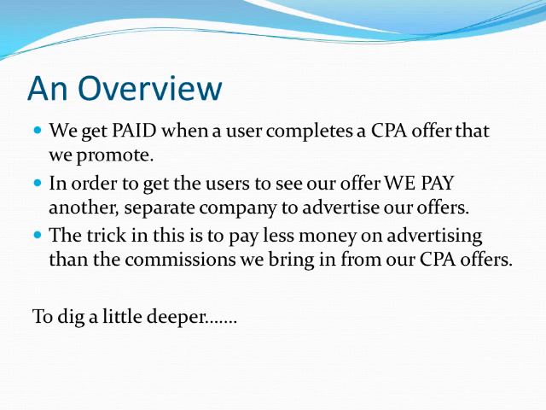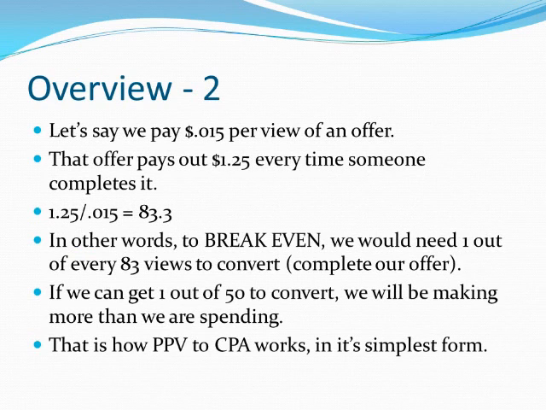To dig a little deeper, let's say we pay 1.5 cents per view of our offer, and our offer pays out $1.25 every time someone completes it. A little math we can do is take the offer payout amount and divide it by our bid amount. That will tell us how many views we need for one conversion. So $1.25 divided by 1.5 cents equals 83.3 views.